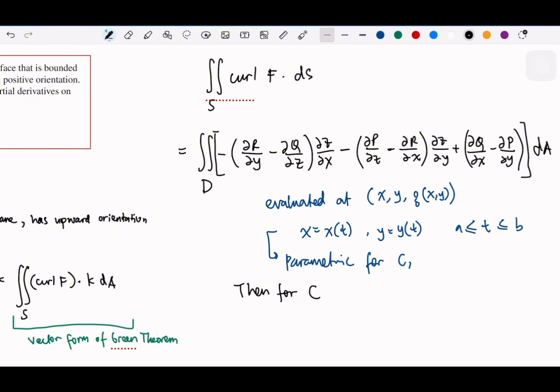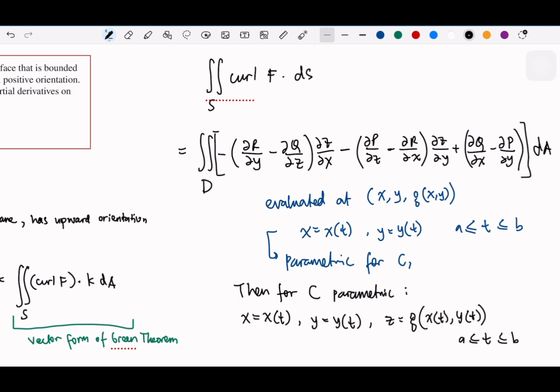And parametric for C, x and y are still the same, but now we have z, which is a function of two variables. So this will be g of x of t, y of t. And of course, this will go from A to B.